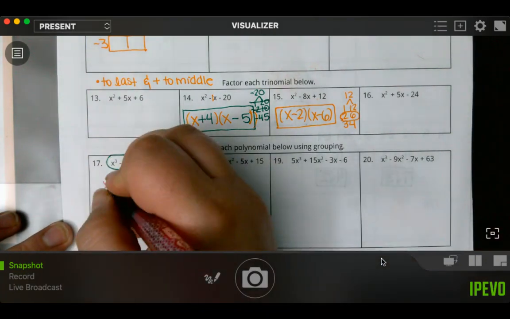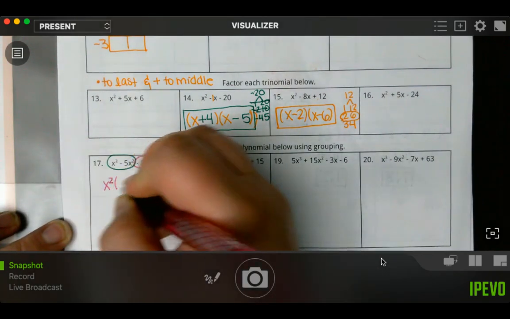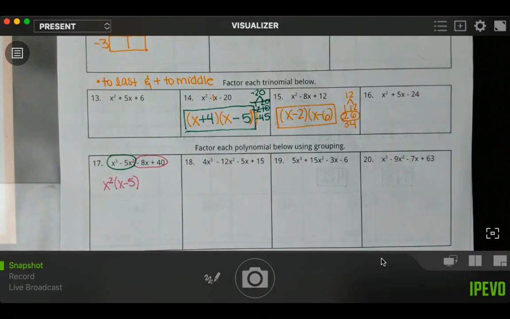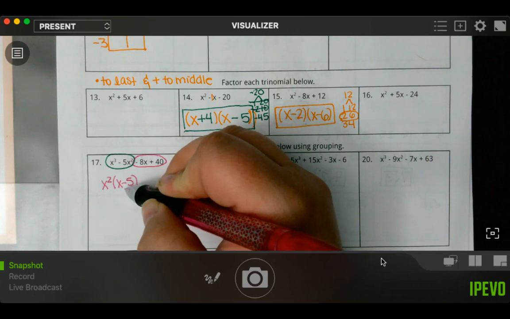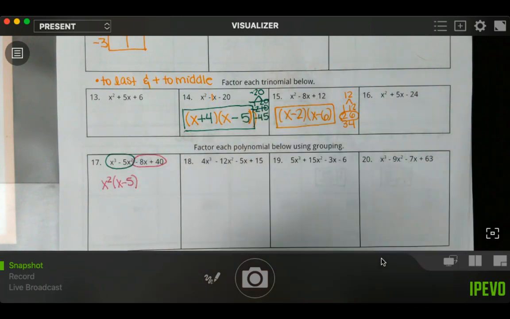In fact, I can divide them both by x squared. Since we want the biggest thing possible, we're going to go with the x squared. That leaves me with x minus 5. Because if I take 2 x's out of x cubed, now I just have x. And if I take the x squared away from 5x squared, I have just 5.